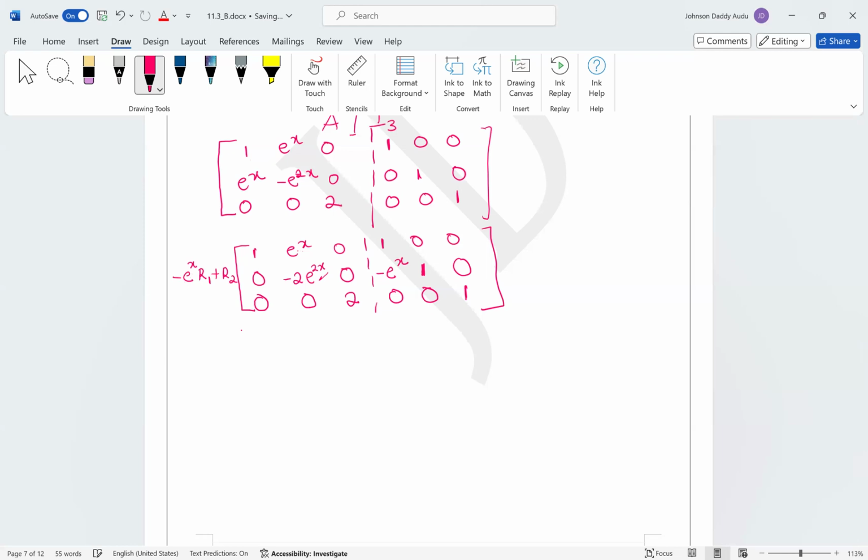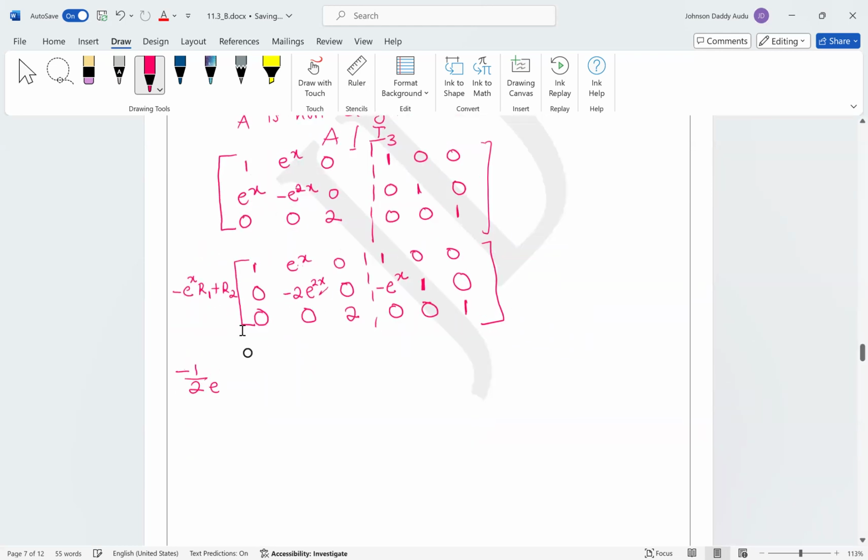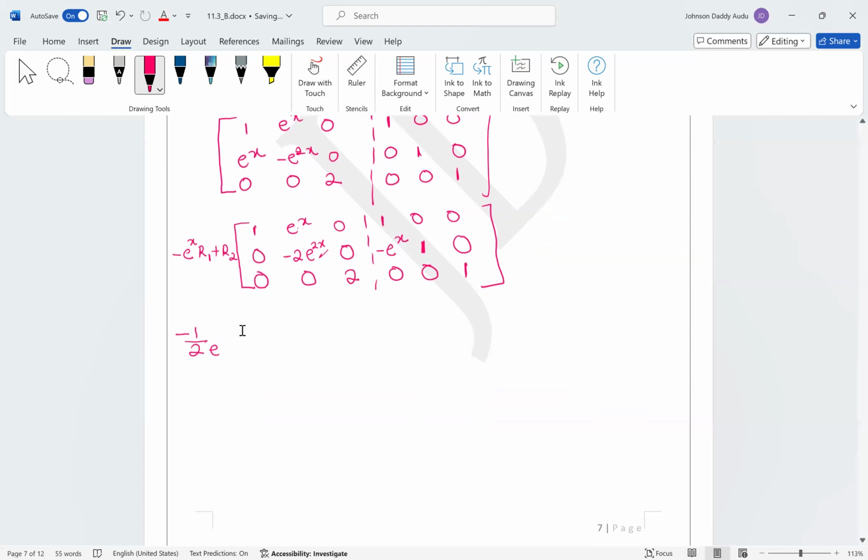Now to make this 1, we're going to do 1 over 2e^(2x) multiplied by R2.